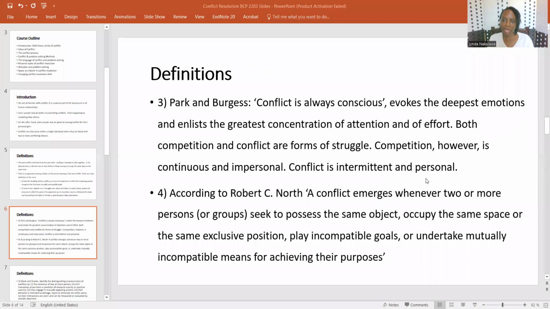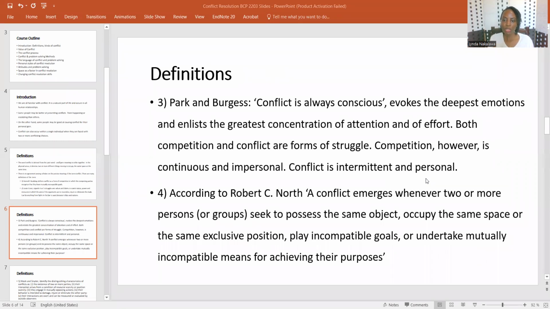They say that conflict leads to very deep emotions, and it brings out a lot of concentration of both attention and effort. People put a lot of attention and effort in this conflict. So according to Park and Burgess, conflict cannot be subconscious, okay?